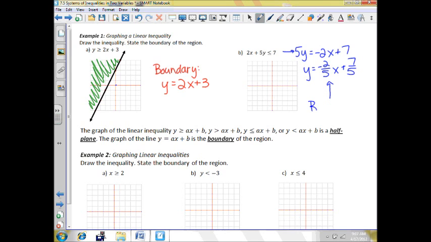And this is your boundary. Now, if I had to graph this, 7/5 is really 1 2/5, so it's going to be about there. Now, negative 2/5 for your slope is going to go down 2, to the right 5.